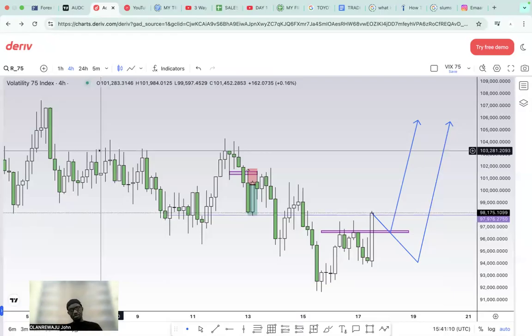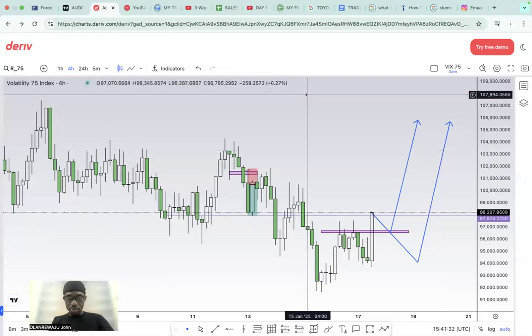And the same way some days your trade will hit TP, their trade will hit TP. But the people that control this market majorly are not found in the Nigerian markets. That's the truth. They are found mostly in New York, in Asia, and in London. Those are the three trading hubs.